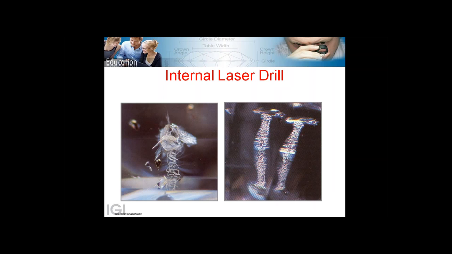Right? Internal laser drill, also termed as Kidua Mewad, or the KM treatment, where they use strong lasers to break open the inclusion, and then when they bleach the stone, the color from the inclusion is removed.